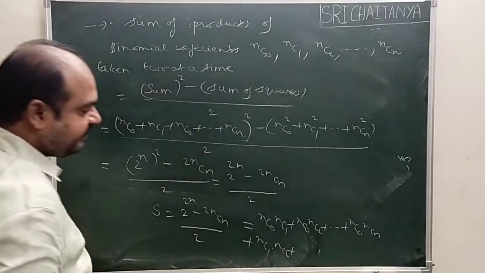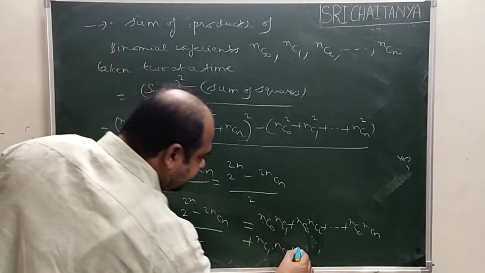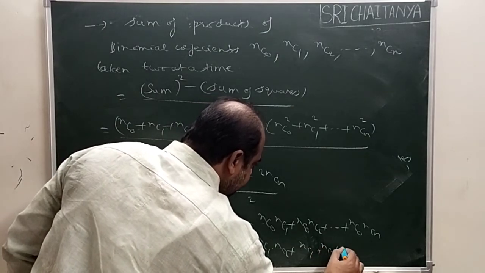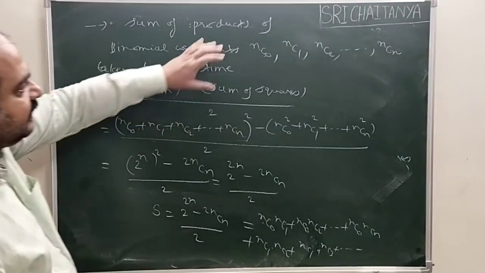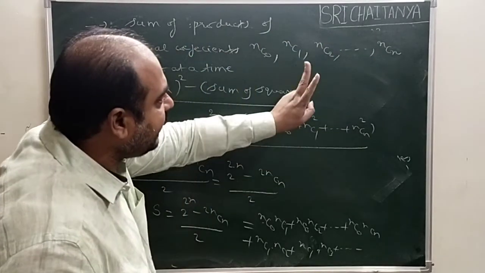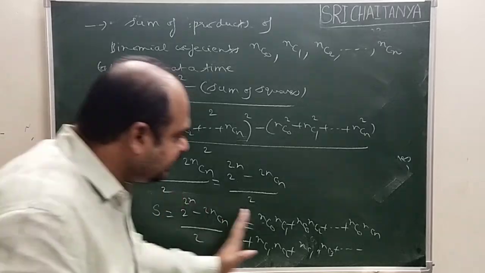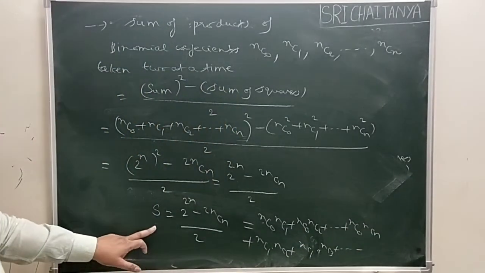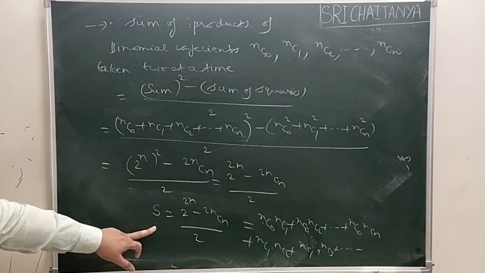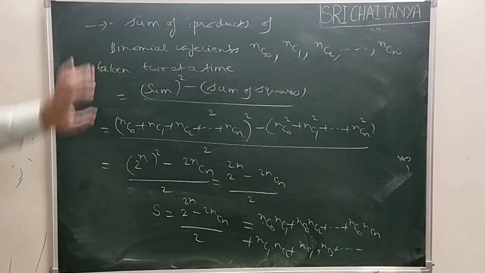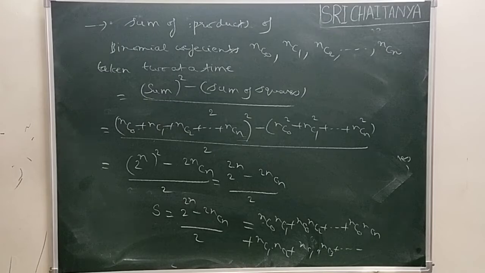Don't write nC1 into nC0 again, already written. nC1 into nC3 and so on. Out of these n plus 1, take 2 and multiply. If we add all those, the sum you will get is this: the sum of products of binomial coefficients taken 2 at a time.